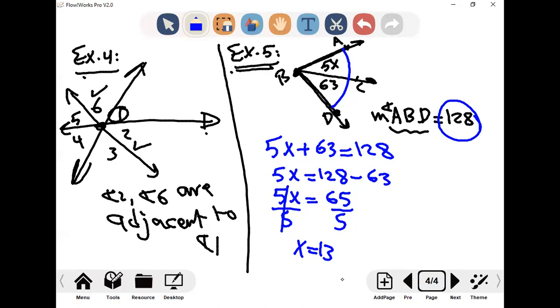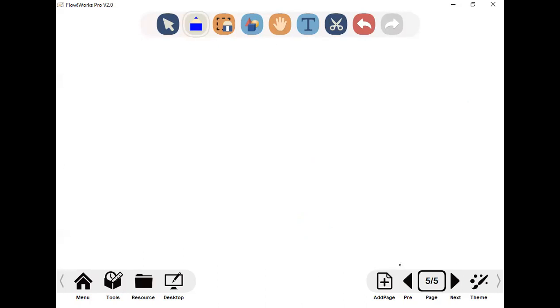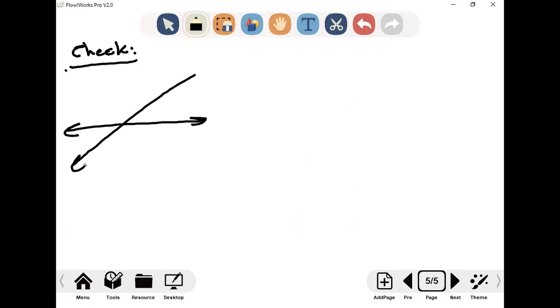Let's do the check after example 5. It is an important one. We have this figure. Here we have 15 degrees, and here we have 15x, right?